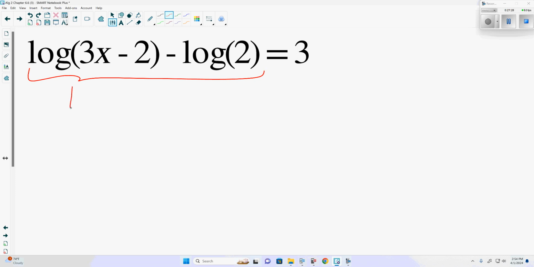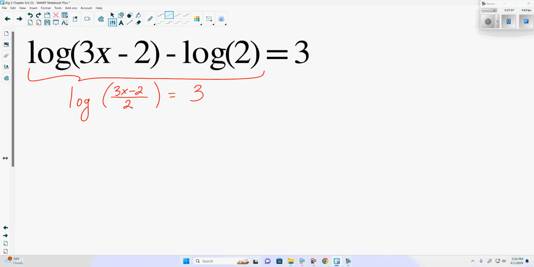Again, we would rewrite it as a single log with what's inside being divided, because when we subtract two logs, we rewrite it as a single log with what's inside being divided. So if they're being added, we rewrite it as multiplication. Here we rewrite it as division.